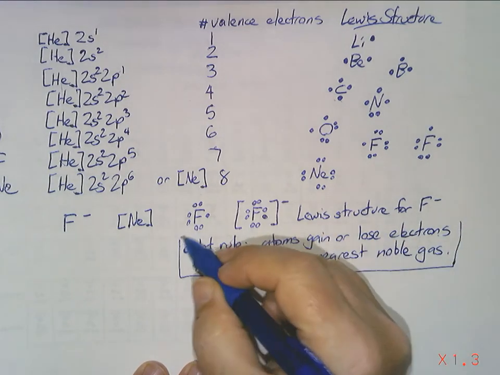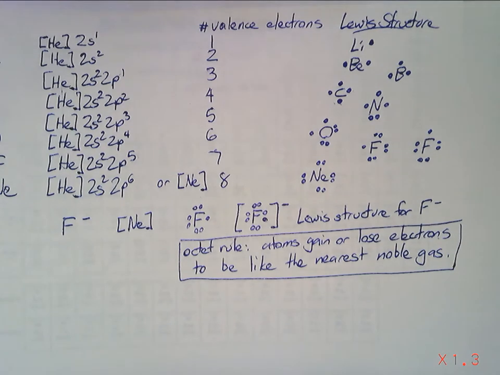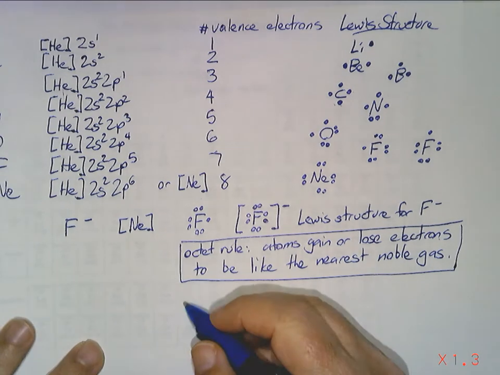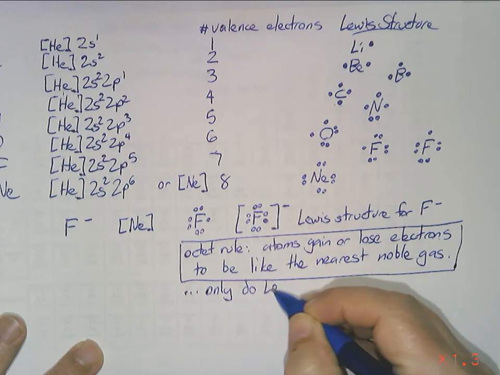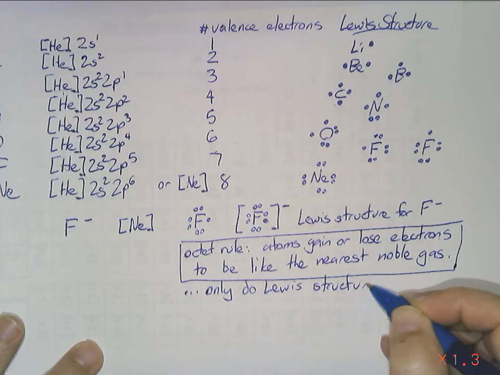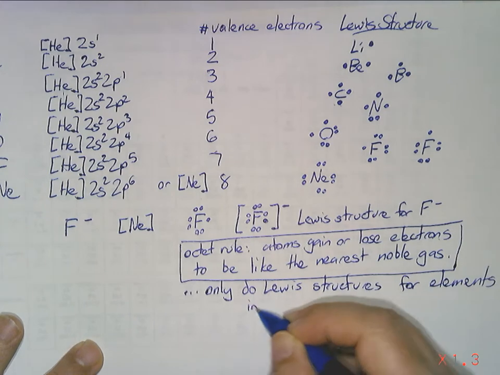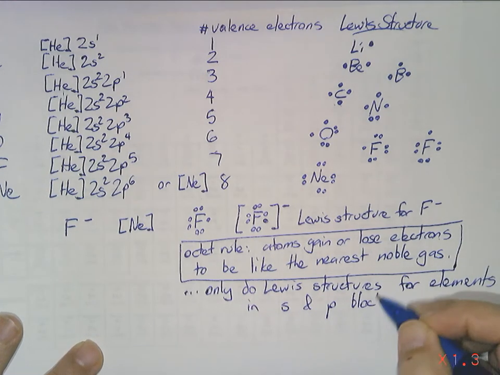Now, this doesn't always work for transition metals and lanthanides and actinides. It works fine for things that are in the S and the P block. We're only going to do Lewis structures for elements in the S and P blocks on the periodic table.